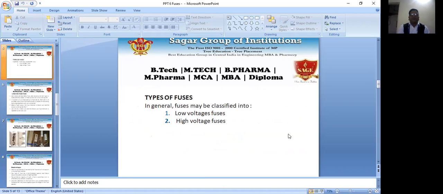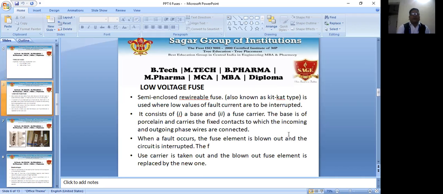Types of fuses. In general, fuses may be classified into low voltage fuses and high voltage fuses. In low voltage fuses, the semi-enclosed rewirable fuse, also called the KitKat type fuse, is used where low values of fault current are to be interrupted. It consists of a base and a fuse carrier.